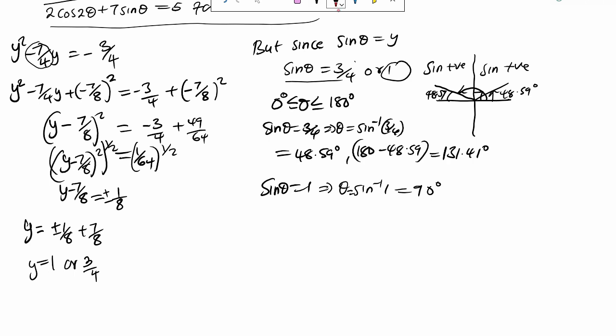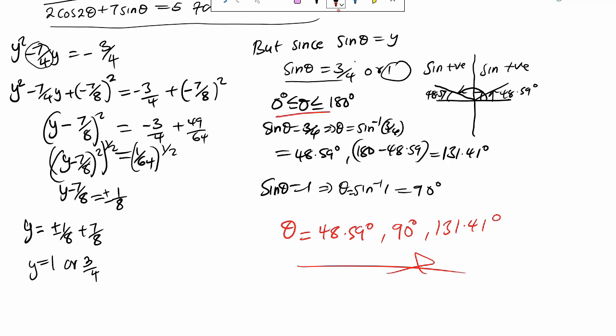So the values of theta are: the first value is 48.59 degrees, the other one is 90 degrees, followed by 131.41 degrees. So those are the values of theta ranging from 0 to 180 degrees.